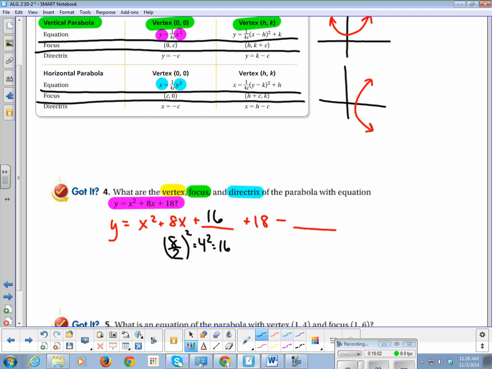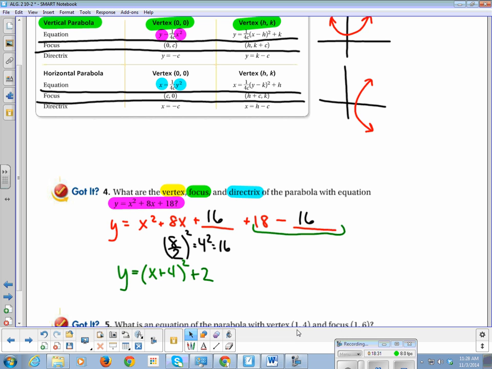So we're going to add 16 here, and we're going to take it away here. And when we do, a magic thing happens. We get the perfect square, x plus 4 times x plus 4. And then 18 minus 16 is positive 2.